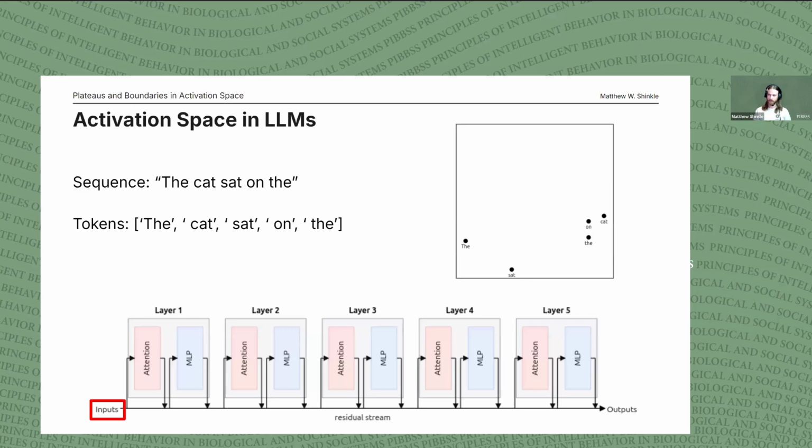So for example, for an LLM to process a sentence like this one here, the cat sat on the, it first breaks the sentence into a sequence of chunks or tokens, in this case, the, cat, sat, on, and the, then converts these tokens into embeddings, which are basically the initial activations, which are then passed into the model.